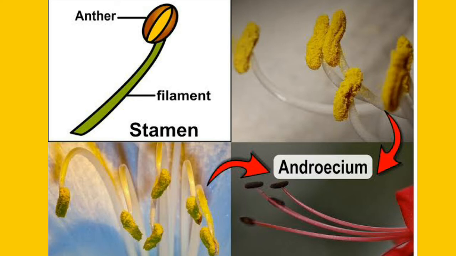The slender stalk-like structure, that is thin stalk-like structure of the stamen is the filament, and the remaining part, that is small bag-like structure, that is called the anther. The anther contains the pollen grains which contain the male reproductive cells. So androecium is the male part of the flower.